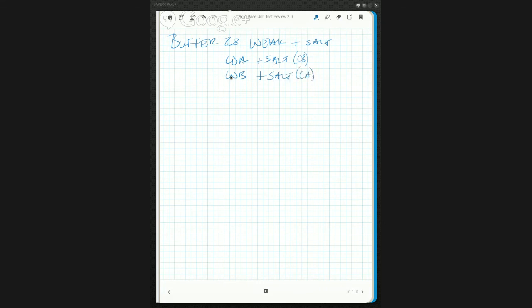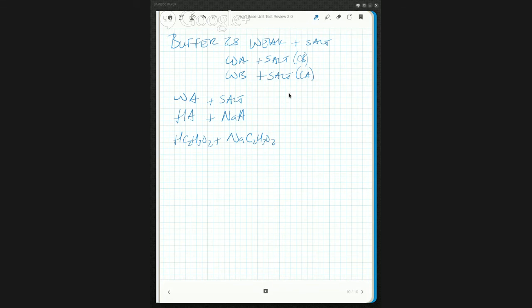If you're doing this, to give you examples, the weak acid plus salt is usually HA plus NaA, right? So HC2H3O2 plus NaC2H3O2.